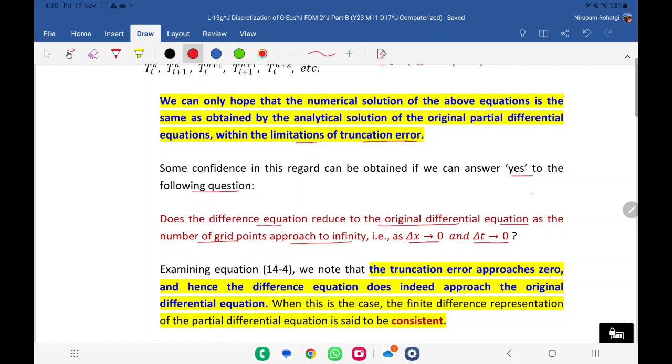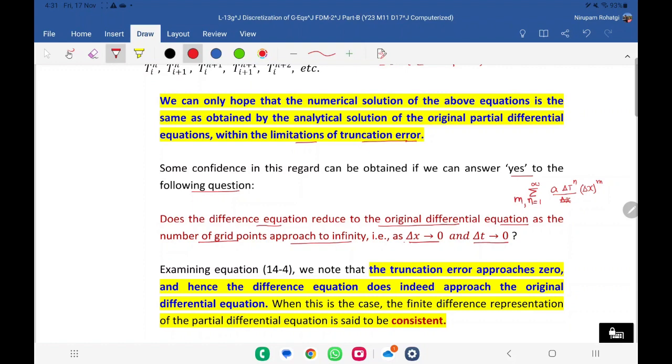You have a sigma, infinite terms, that is n equal to 1 to infinity, and they are a function of delta t raised to power n and delta x raised to power m.